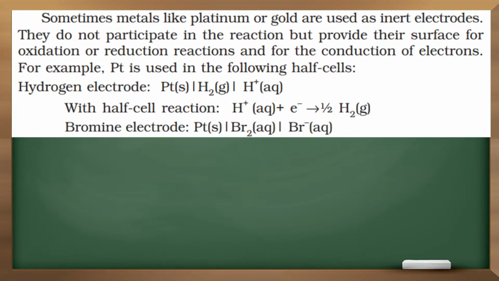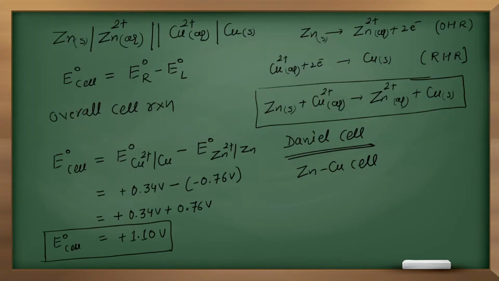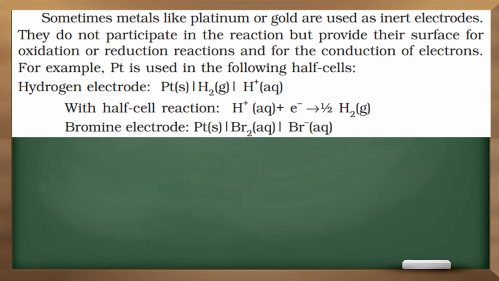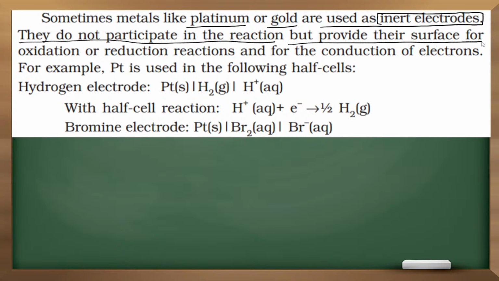Now it is written sometimes metals like platinum or gold, they are used as inert electrodes. They do not participate in the reaction but provide their surface for oxidation or reduction reactions and for the conduction of electrons.